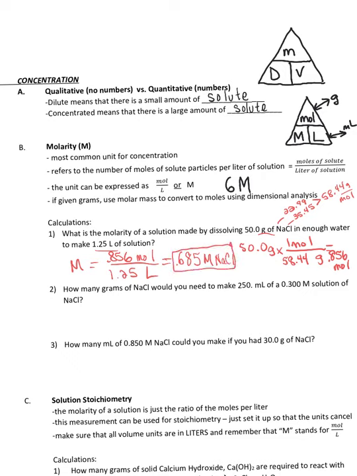So just to recap, they wanted the molarity. Molarity is moles over liters. We didn't have moles, we had grams. So we had to convert our grams to moles. We've been doing that now since our mole unit. In our stoichiometry, we know how to get grams to moles. We divide by molar mass. This is the molar mass of NaCl.